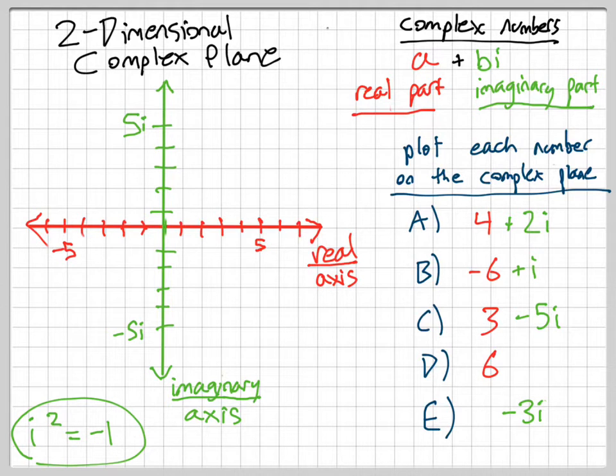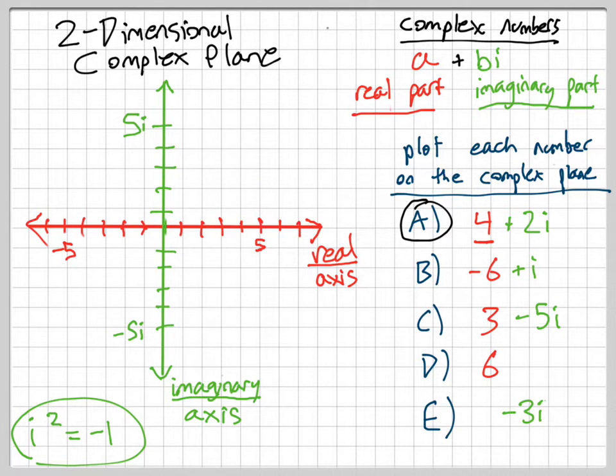So any complex number, for example, this number a that we have here, we can graph by putting its real portion along the real number line. So if I want to graph the real number 4, well, that would be 4 units to the right on our real axis.